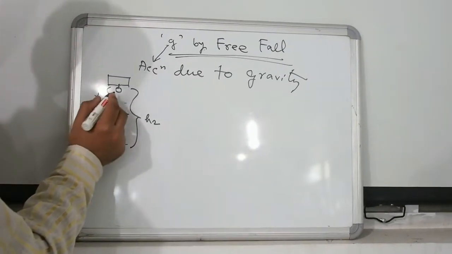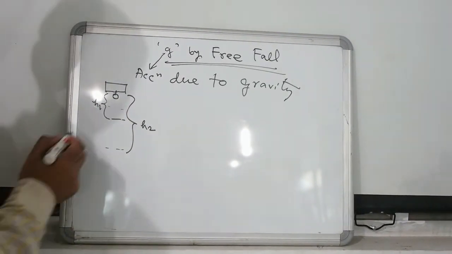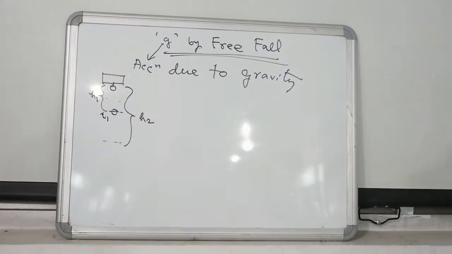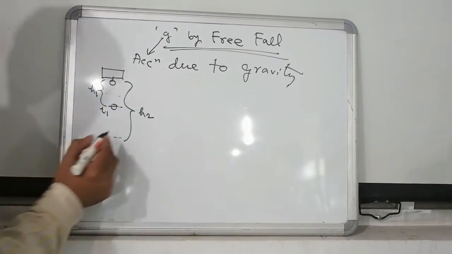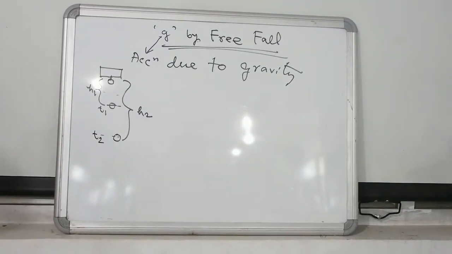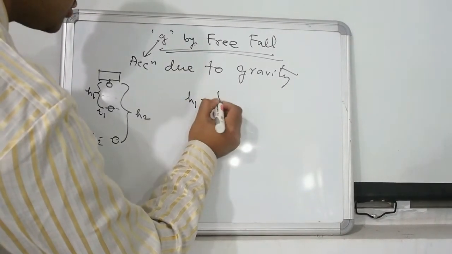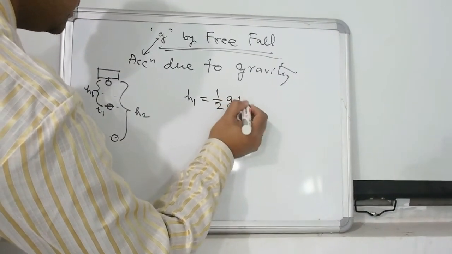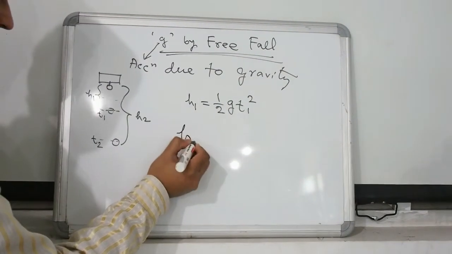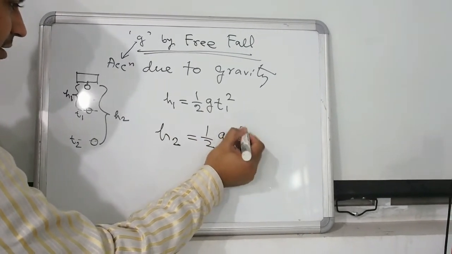Let us consider that when this ball is released, after a time t1 it will cross the first photogate, and after a time t2 it will cross the second photogate. So we can write h1 equals half g t1 square and h2 equals half g t2 square.